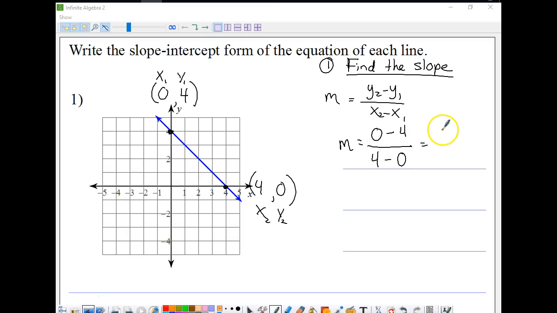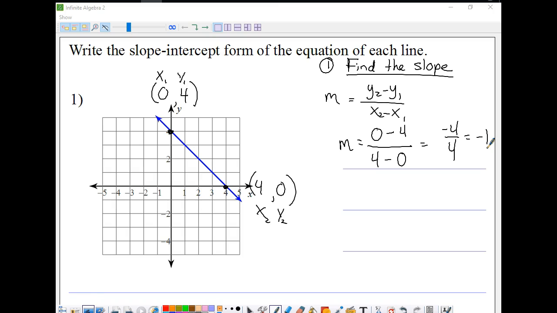So what do we got? Which is kind of what you said, Kendall, but there's a negative, right? And so it's going to be -1 is my slope, right? So that's from lesson 1.2. All right, so that's step 1, is to find your slope.